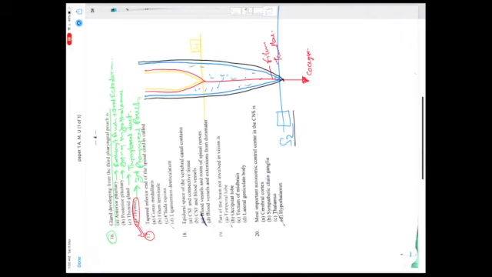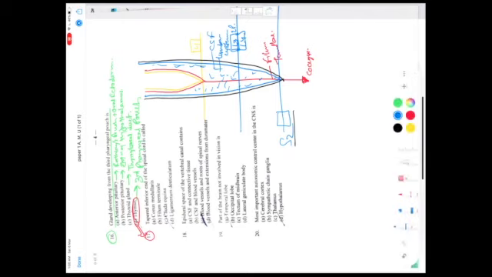It will be CSF. So this is called the lumbar cistern of CSF, and that makes it a common site for lumbar puncture, between L3 and L4.